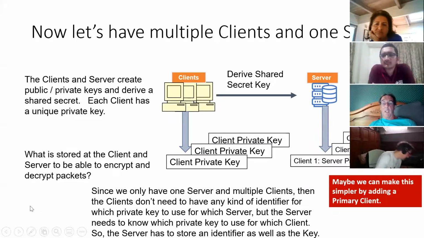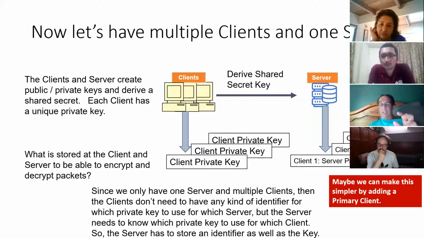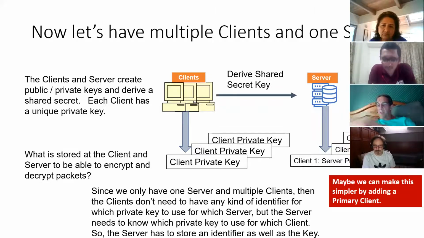Let's say that we have multiple clients, still only one server. It gets a little more complicated. Now the clients need to keep track of things, and the server needs to keep track of things by client. So it's getting a little bit more complicated. Maybe we can handle this a little bit better on the server, maybe not, but is there anything we could do to make it even simpler for the server?